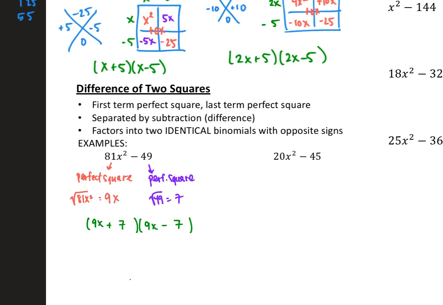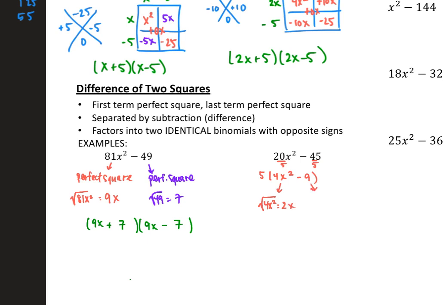The second example, first thing we should check for is GCF. So between 20 and 45, 5 is my GCF. So then we have 4x squared minus 9. And then looking at what's left inside the parentheses, 4x squared is a perfect square. We can take the square root of that, and that's going to be 2x.